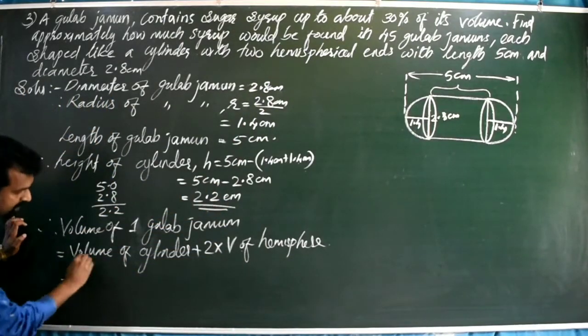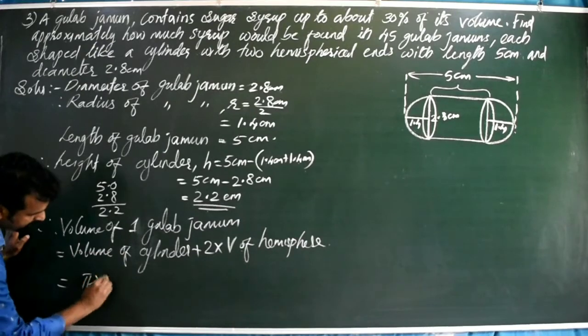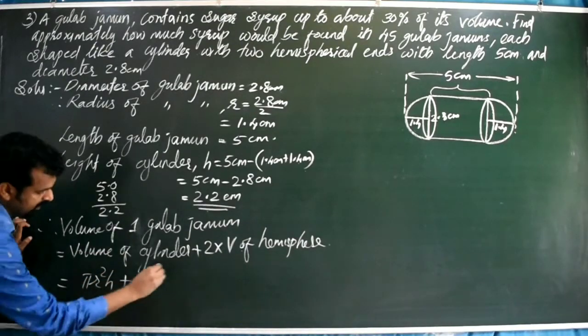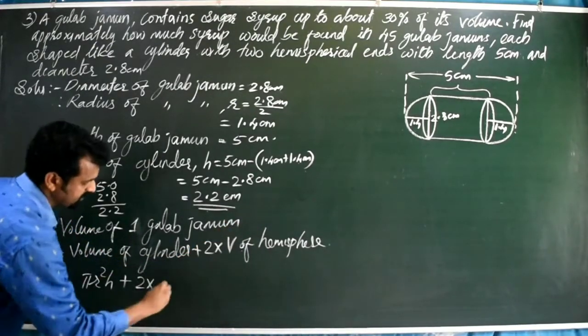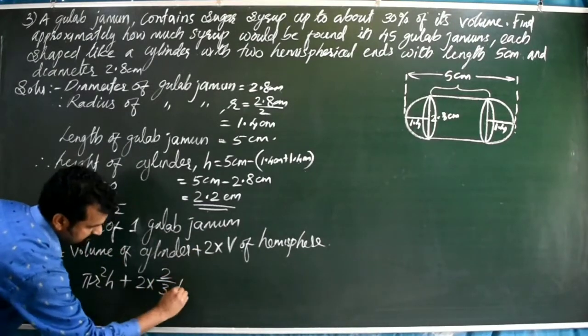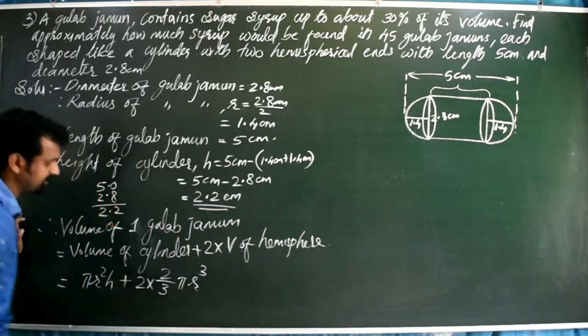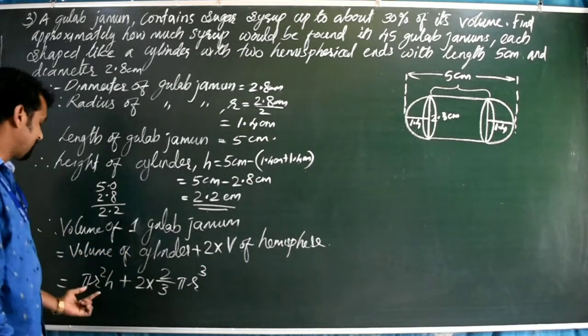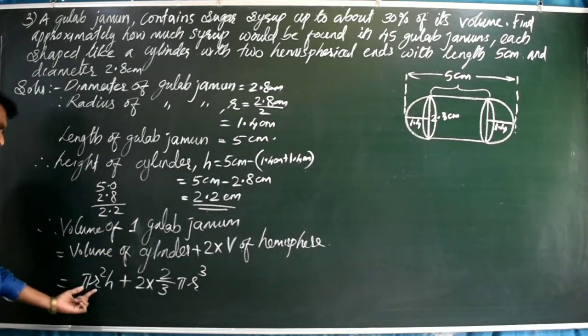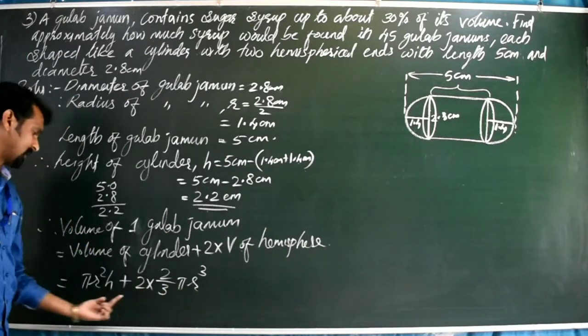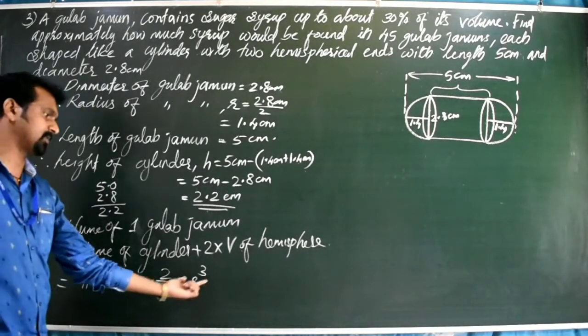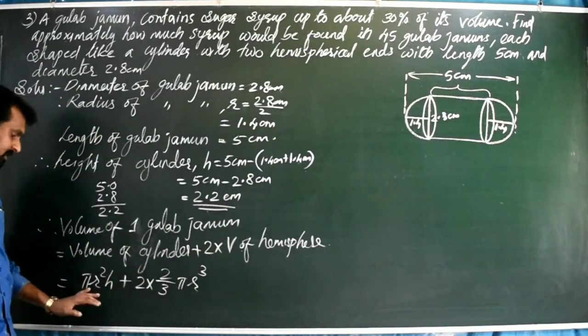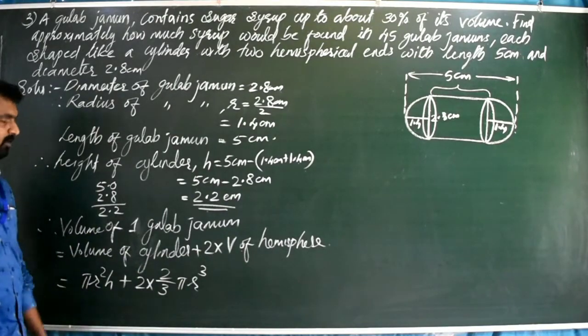That is equal to volume of cylinder. What is the formula? Pi r square h plus 2 into volume of hemisphere. Volume of hemisphere is 2 by 3 pi r cube. So pi r square h plus 2 by 3 pi r cube. We can take out the common factor because the radius of the cylinder and the radius of the hemisphere are the same. That is why we can take out pi r square as the common factor.